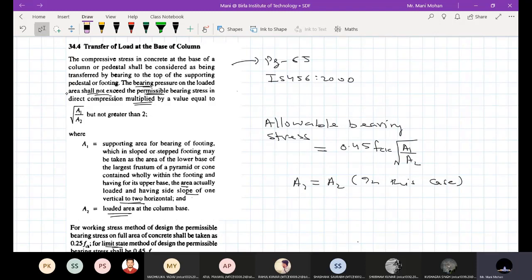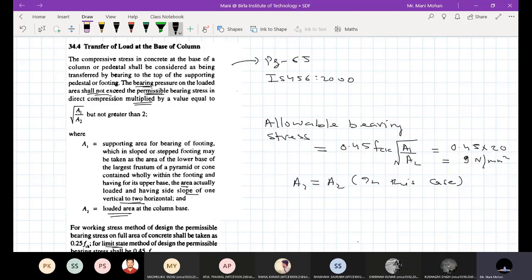So I get allowable bearing stress as 0.45 FCK. The grade of concrete was M20, so it is 0.45 into 20, which gives you 9 Newton per millimeter square. So this is my allowable bearing stress.